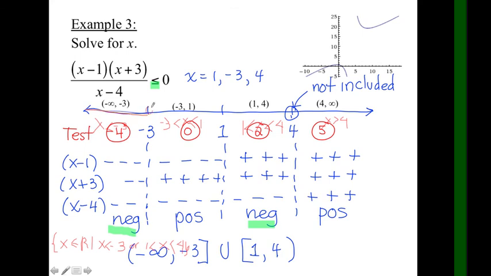Then mag-shade tayo because it's less than or equal. And then for this one, 1 and 4, bilog lang dito, okay? Ayan. So that's our answer for the example number 3.